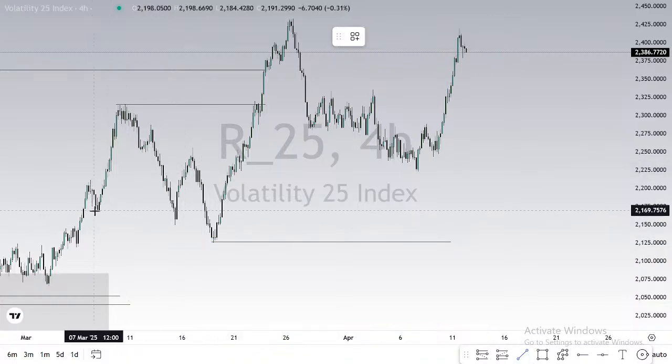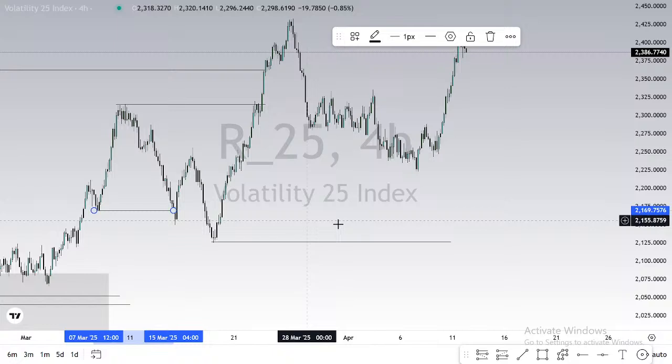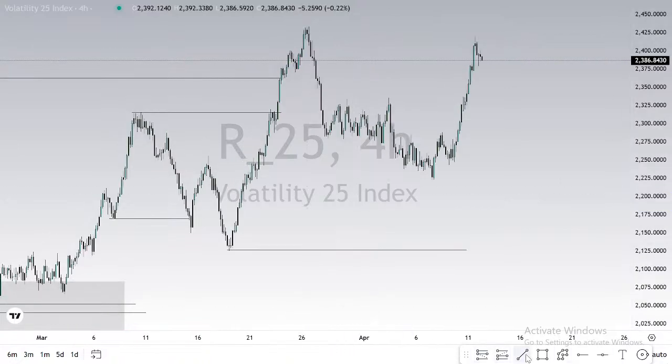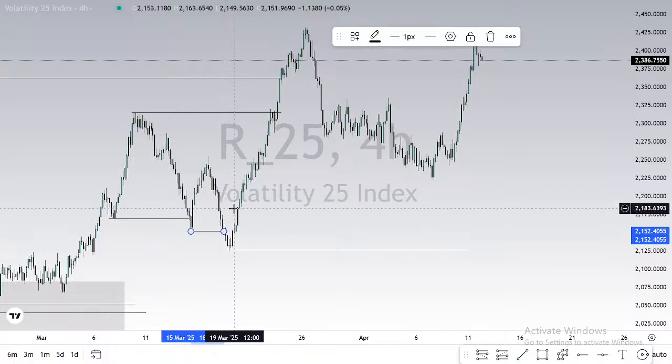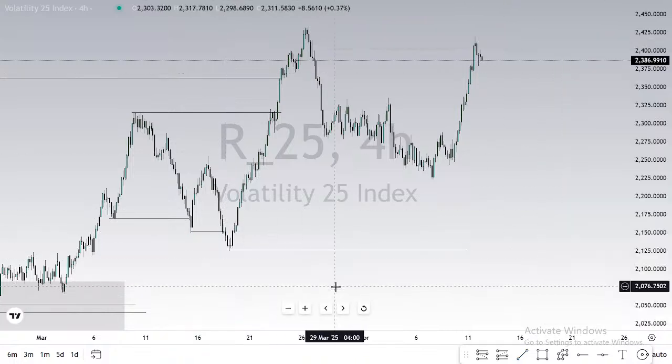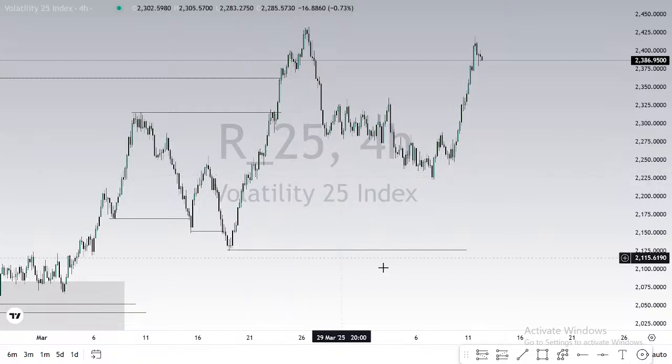See what we had. The market still gave us ONT. We had ONT. So we had on top this low.